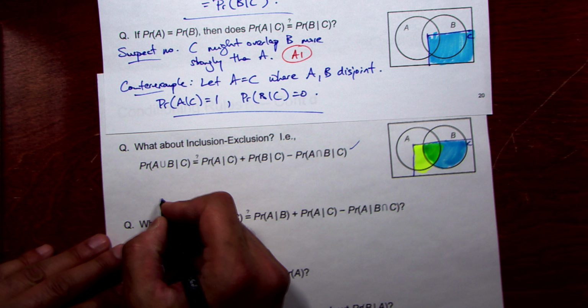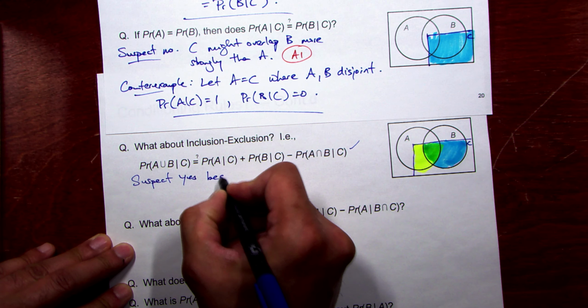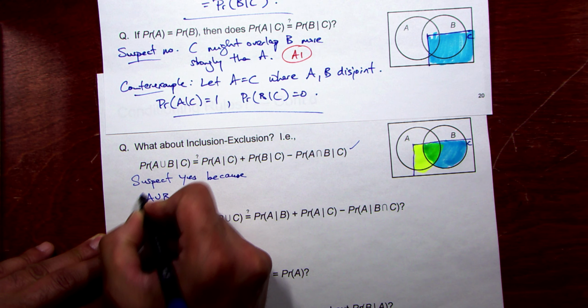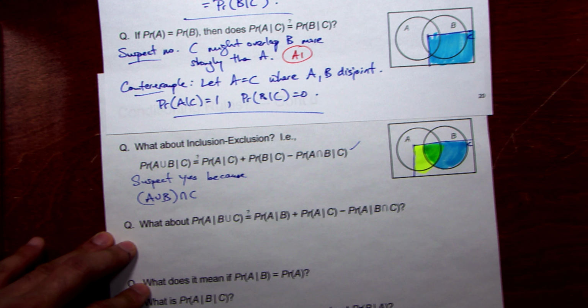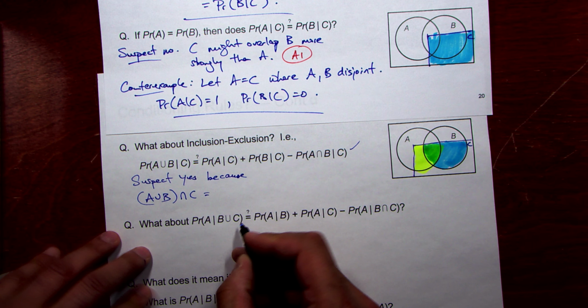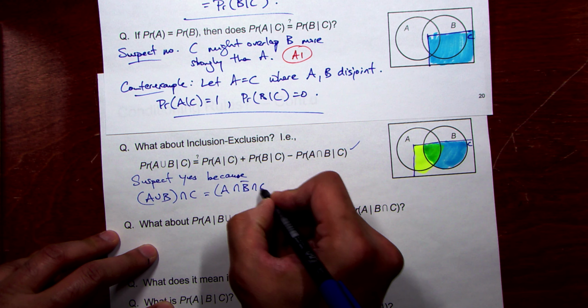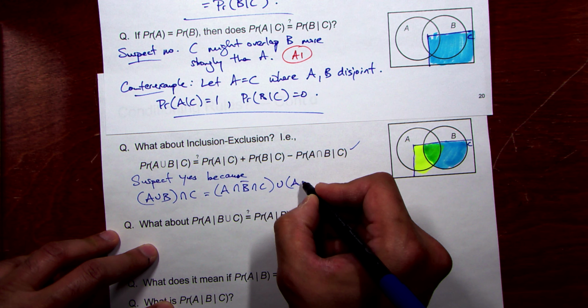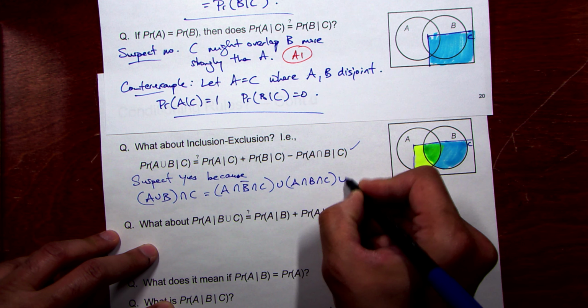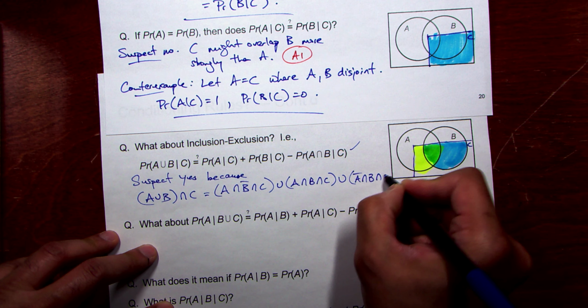So yes, because (A union B) intersect C, these three colored regions, is actually the union of three disjoint sets, and they're the same disjoint sets that we did when we proved this originally. But they each have an extra C in tow. The proof would be exactly the same.